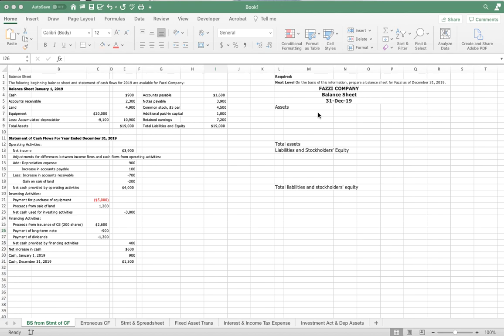of December 31st, 2019. And so they kind of gave us the format here: assets, total assets, and then our liabilities and equity. And so I'm just going to pull over these accounts here.